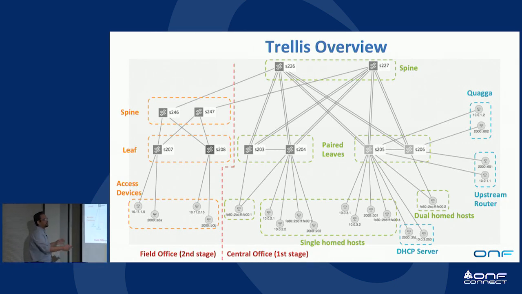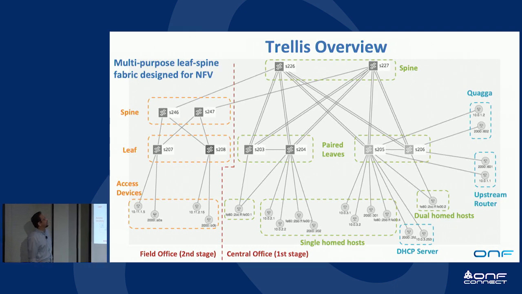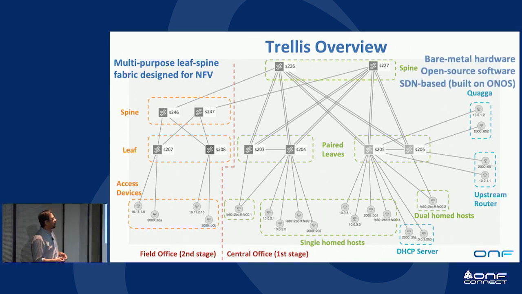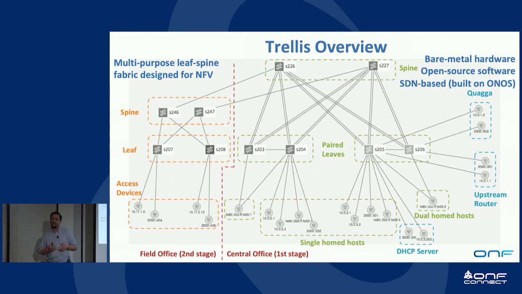So Trellis in its full glory does look like this. It's a multi-purpose leaf spine fabric, which I say is designed for NFV, because unlike many other leaf spine fabrics that you find in the industry today, which are really meant for data center operations, they're probably just IP fabrics.